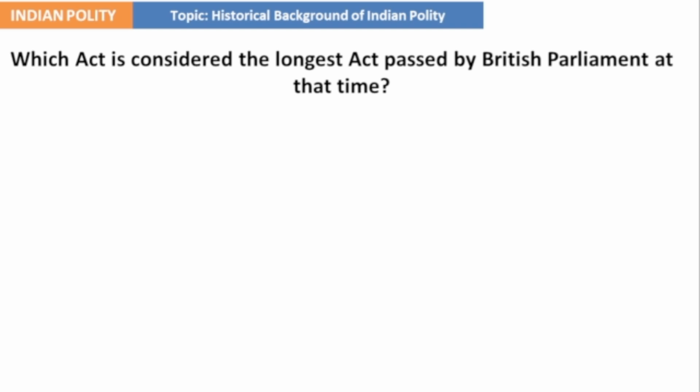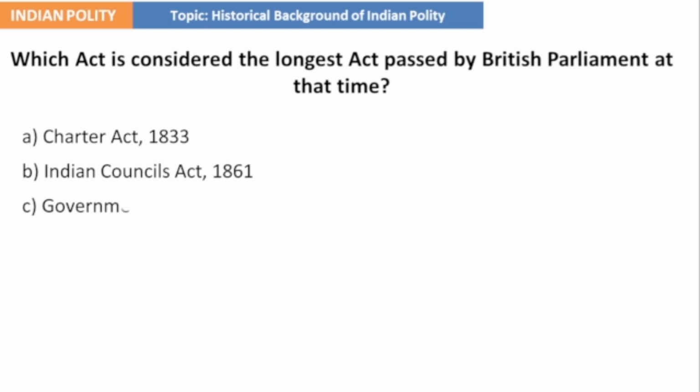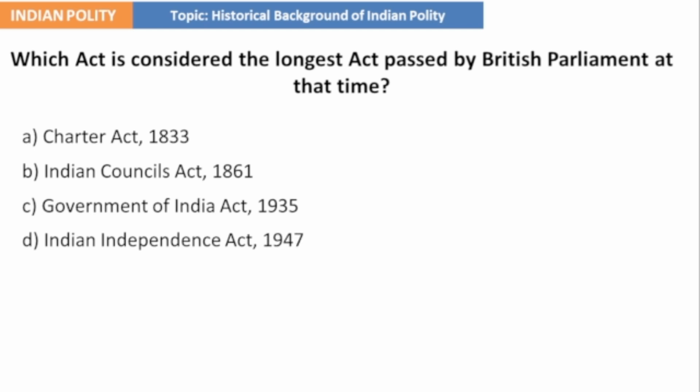Which act is considered the longest act passed by British Parliament at that time? And the right answer is option C, Government of India Act 1935.